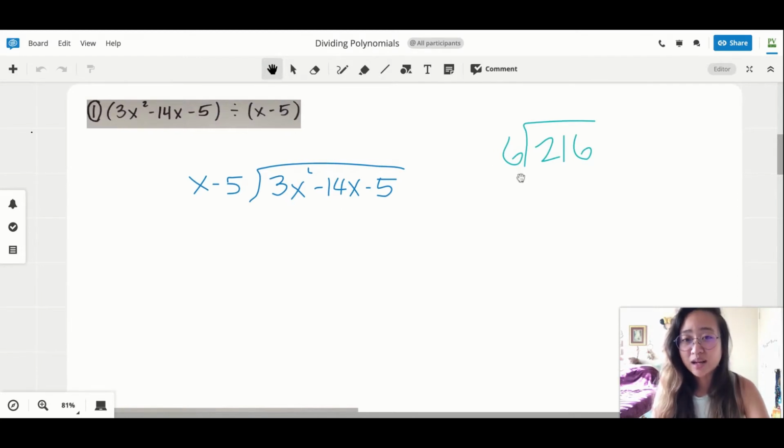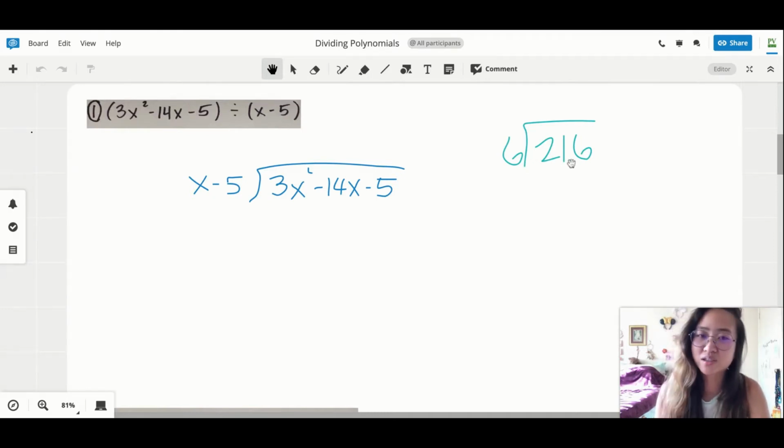We always look at the outer number and we ask ourselves, how many times does it go into the inner number? And if we start here, we know that 6 doesn't go into 2, so we will move over 1 and we ask ourselves, does 6 go into 21?